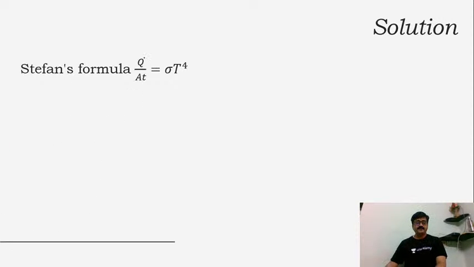Heat radiated per unit area per unit time is directly proportional to the fourth power of absolute temperature, and therefore Q by A t, that is heat radiated per unit area per unit time, is equal to sigma into T raised to 4, absolute temperature power 4. So sigma will become equal to Q by A into time into fourth power of absolute temperature.